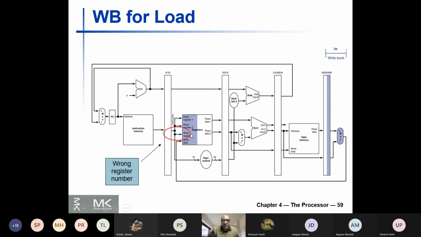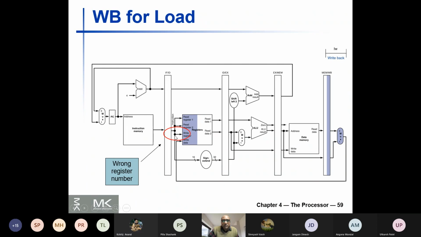But the load instruction wants to write something into this register file, whereas at stage 2, the write register address as per that instruction may be different. So here we have a complication, a problem that leads to errors.